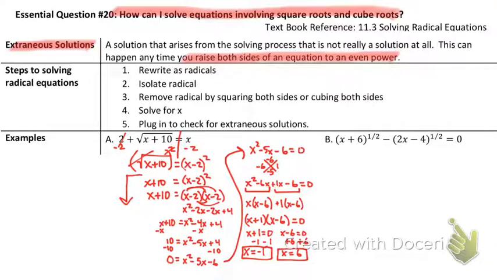But now, if you look at step 5, we have to plug this back into the original, and we're going to check for extraneous solutions, or extra answers that do not work in the original equation. So let's do this here. I'm going to erase this stuff, and I'm going to plug this back into here.